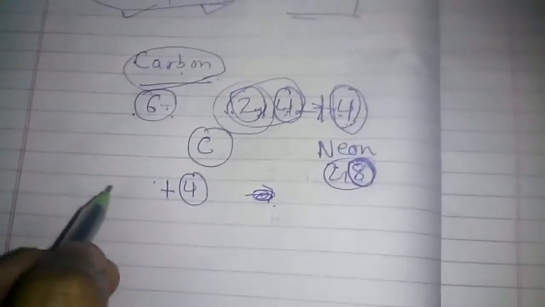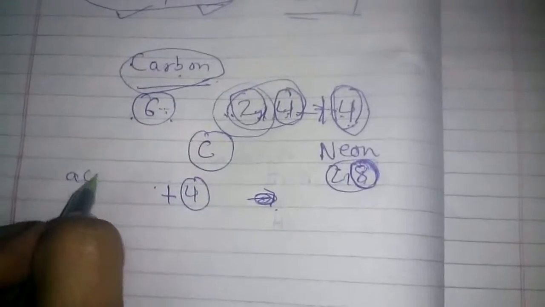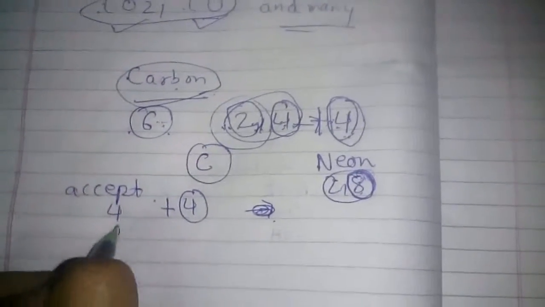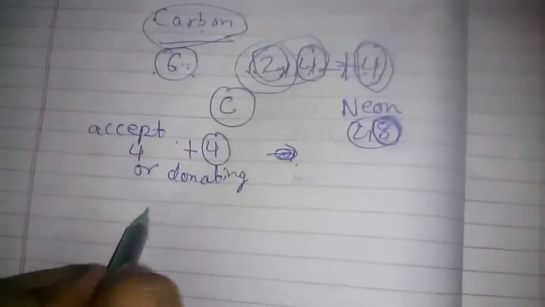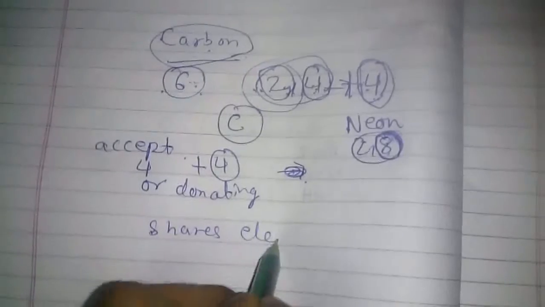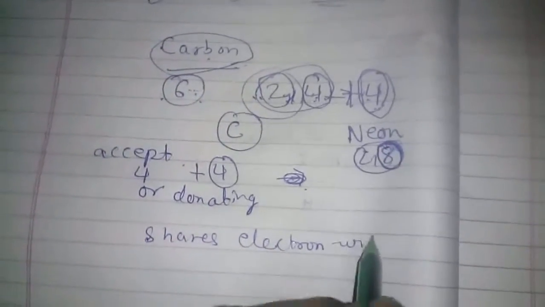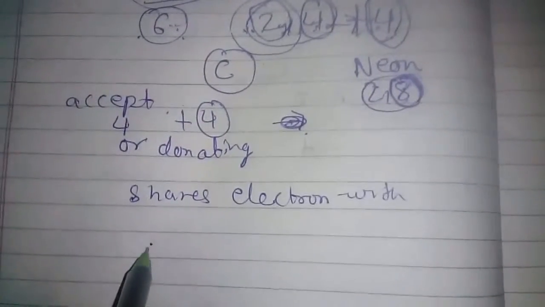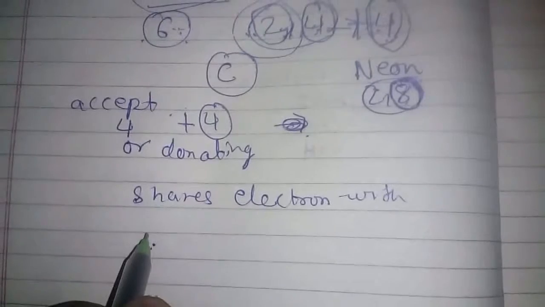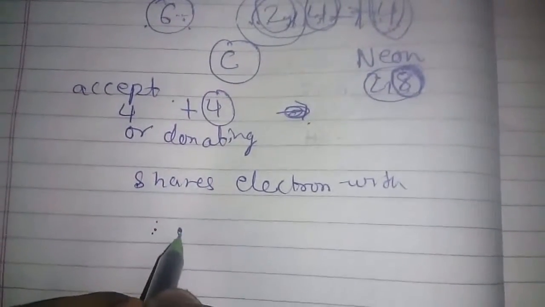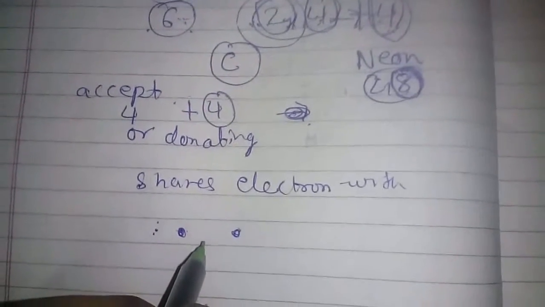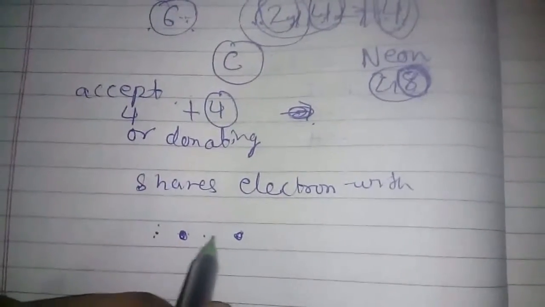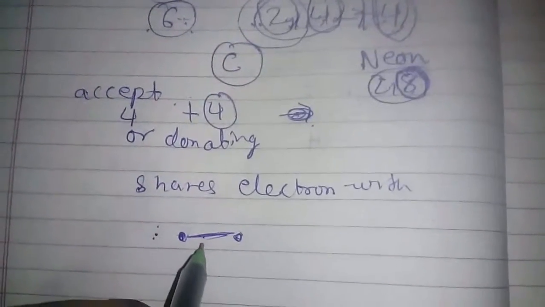But in spite of these two methods of accepting or donating 4, it shares electrons with other atoms. So the compounds which are formed by sharing of electrons with other atoms are called covalent compounds, and the bond present between them is called a covalent bond.